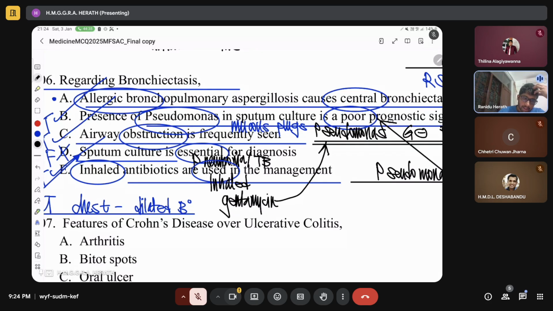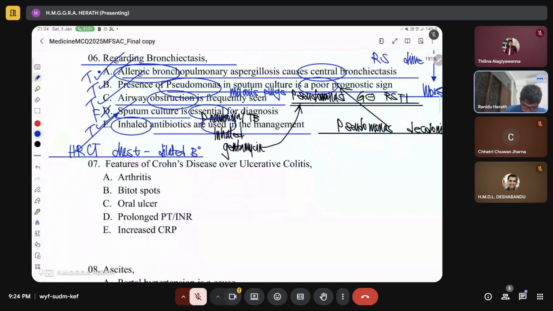Apparently aspergillosis does cause enlargement of the central large airways. That is just a characteristic feature of allergic bronchopulmonary aspergillosis. There is no other way to remember this. I don't know why this causes that. So that is true as well. We'll go to the next one.